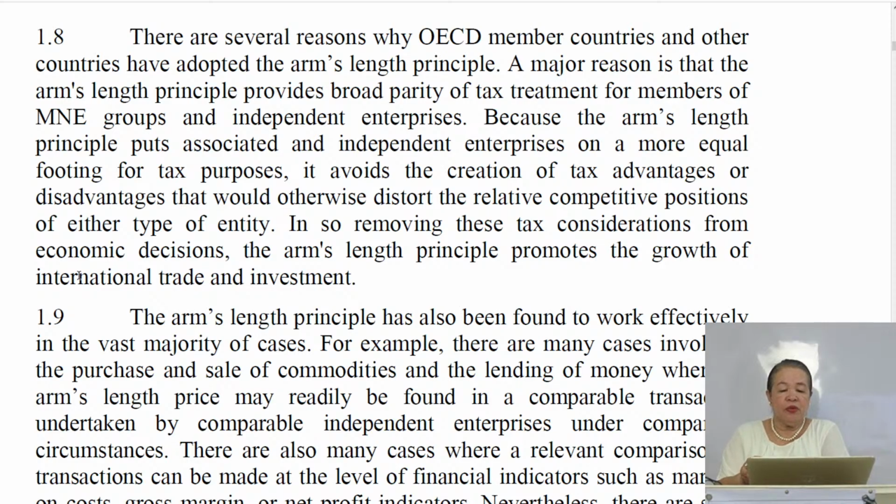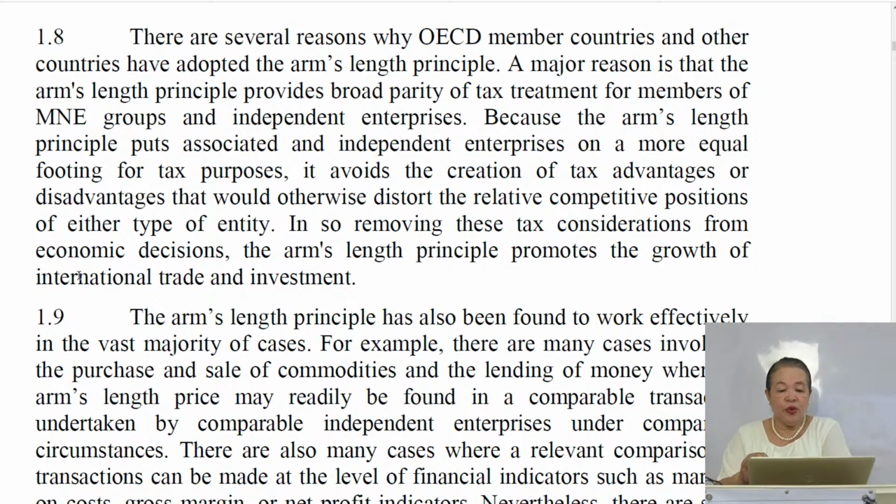So in removing these tax considerations from economic decisions, the arm's length principle promotes the growth of international trade and investment. Why? Because you give the enterprises the same treatment, no advantage or disadvantage over the other for tax purposes.